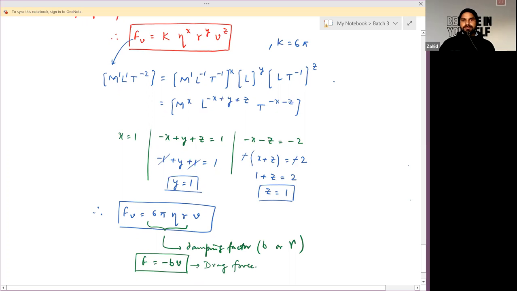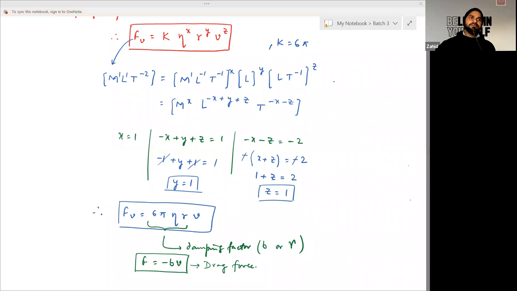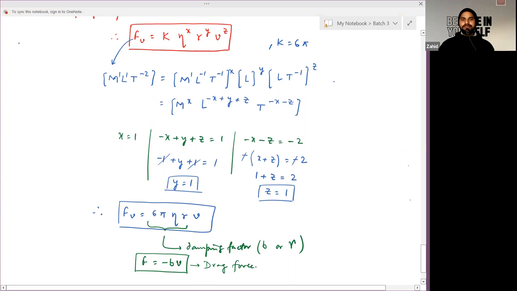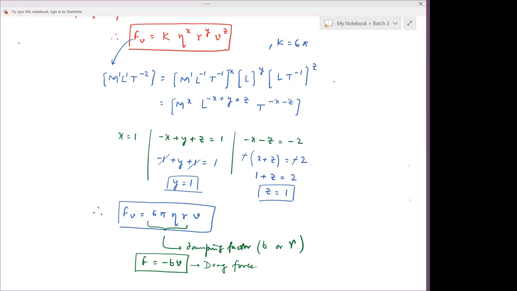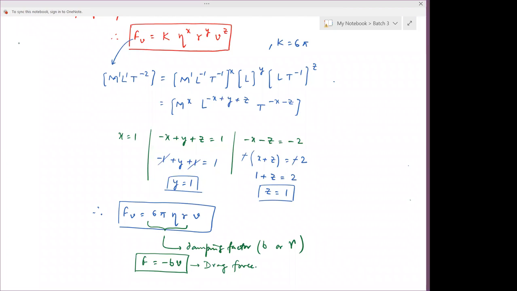Atif, any doubt? No, sir. Okay. Mohammed Irfan, is it clear? Yes, sir. Abhinav Rana, do you have any doubt? No doubt, sir.